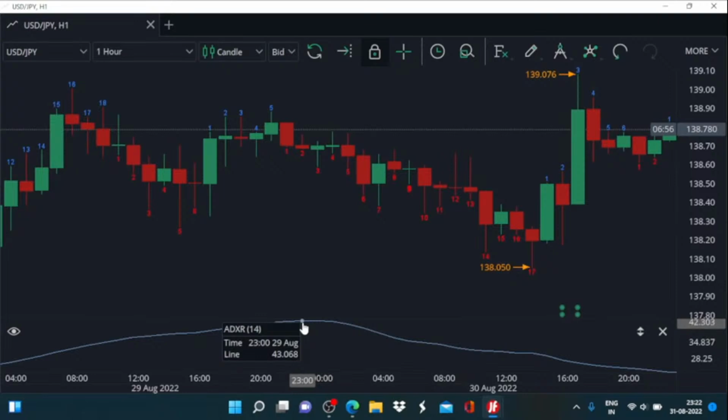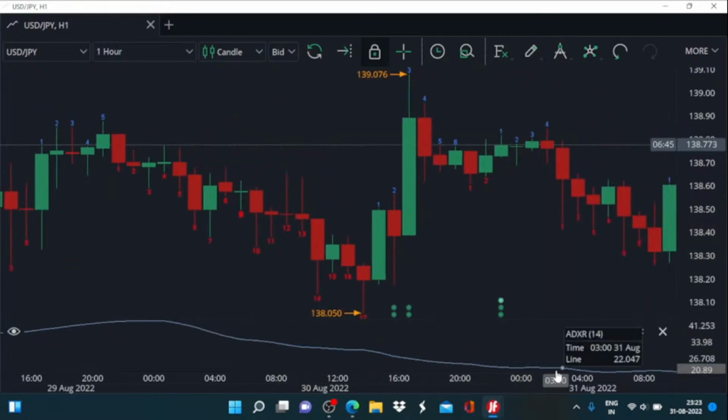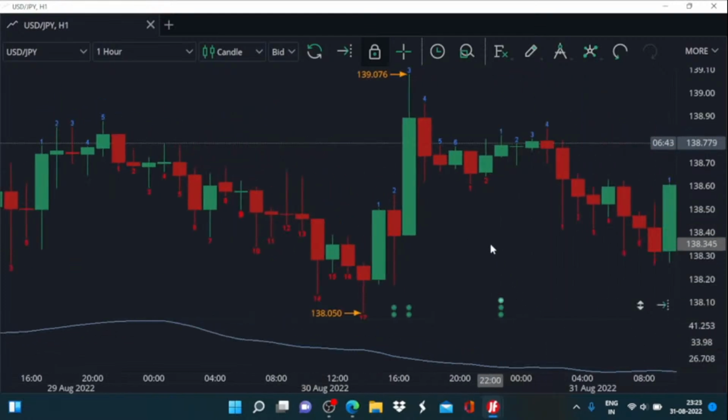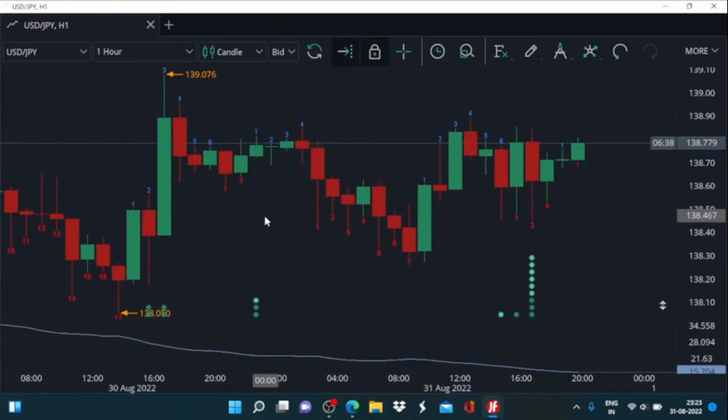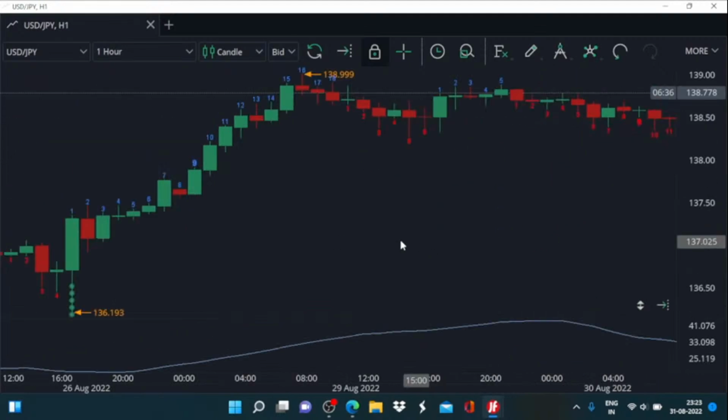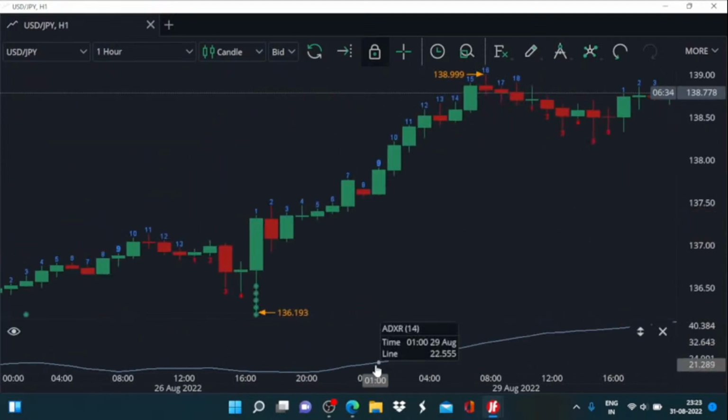For ADXR, the interpretation is the same as the ADX. We consider an output value of the ADXR above 25 to be a strong trend, and if we have an ADXR value below 25, then that is considered more like a sideways market, not a strongly trending market, and we should be planning our trades accordingly.